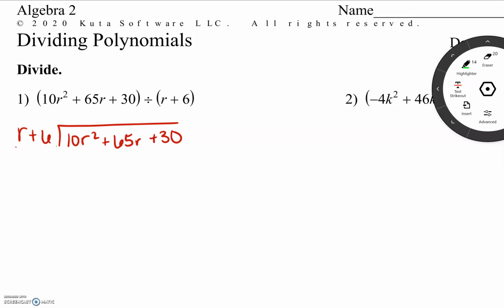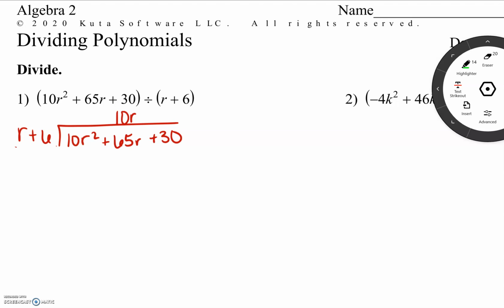Because we're looking to see where r plus 6 can go into 10r squared, r can go into 10r squared 10r times. So we're going to put it over the 65r, just like we put the 2 over the 1 on 21 in our last problem.